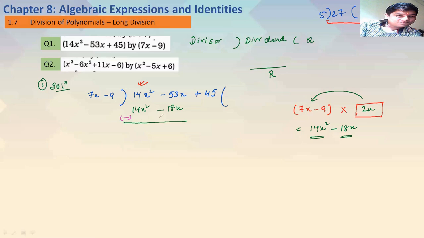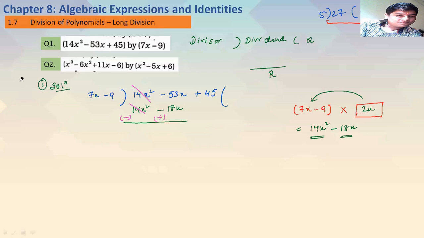So there's a minus here, there's a plus here. So 14x squared will be cancelled, and then it will become plus 61x.